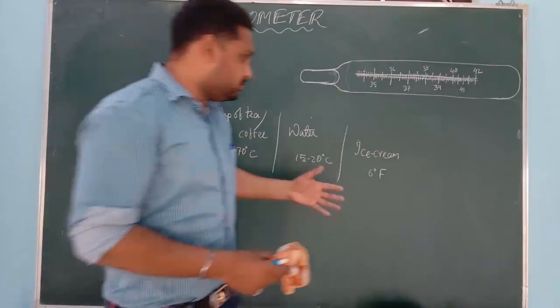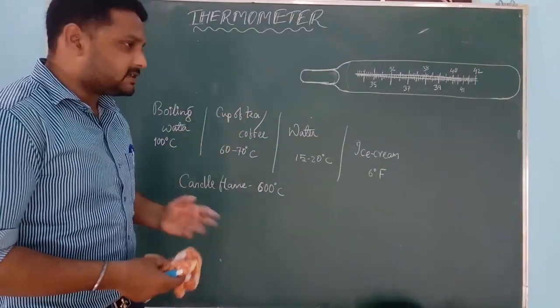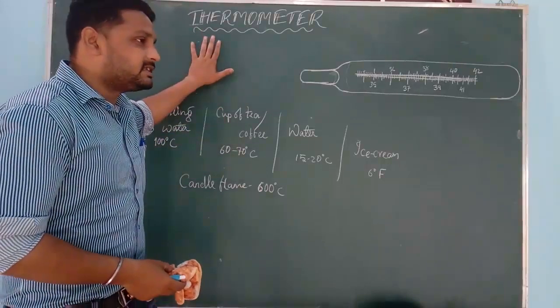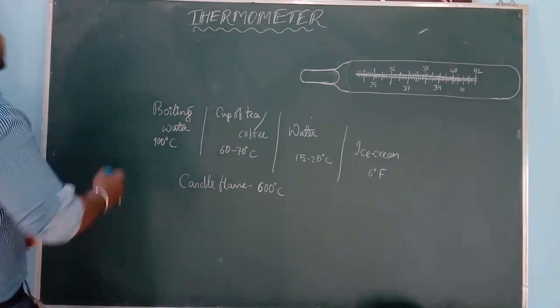The question is, how do we find out the temperature of an object? The answer is simple. The measurement is done using a device called a thermometer.